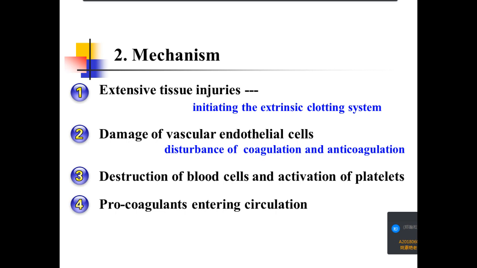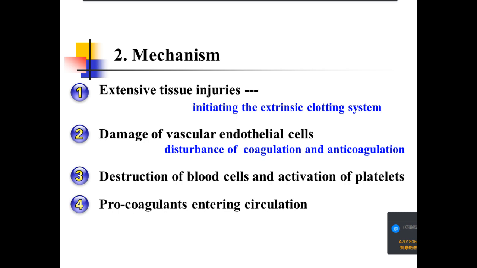With less activator, it is inhibited. Inhibiting the fibrinolytic system also leads to increased coagulation function. So damaged VEC can lead to DIC.